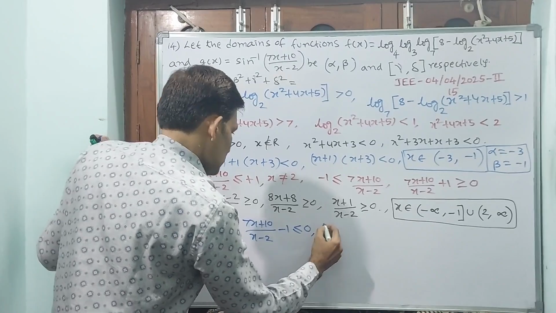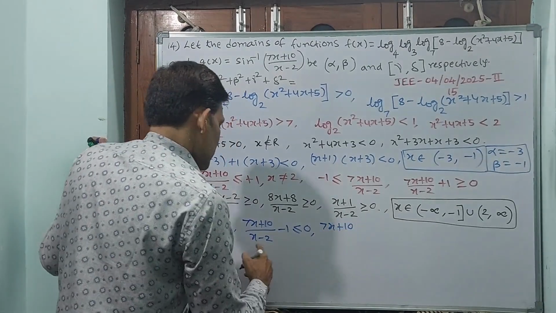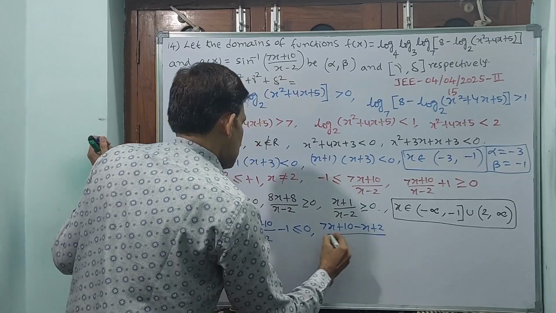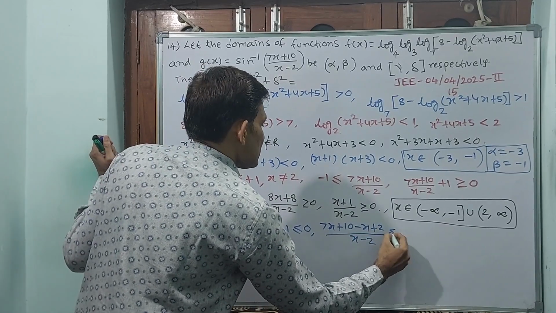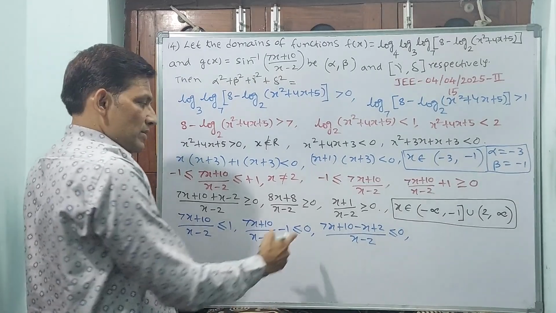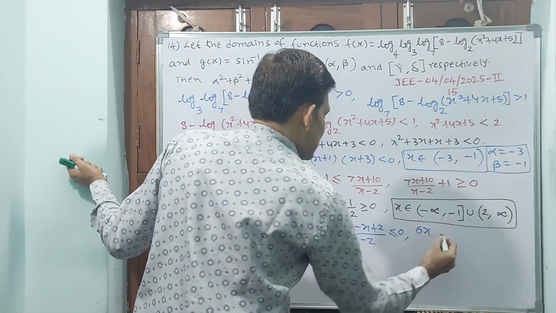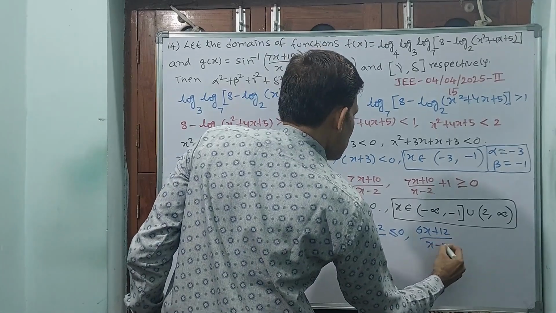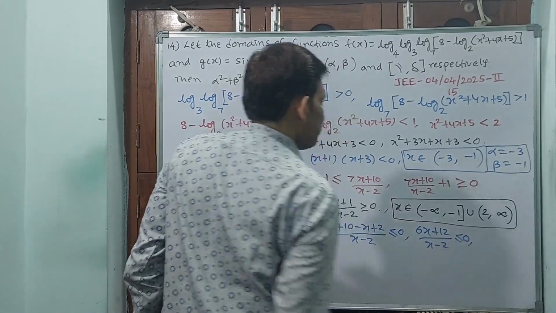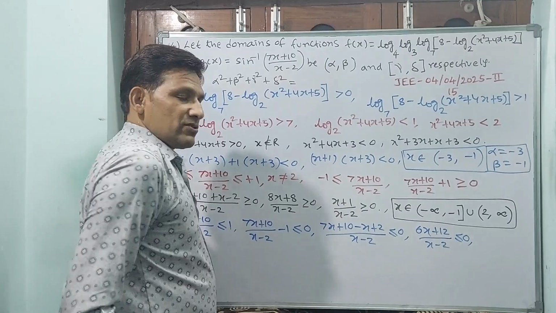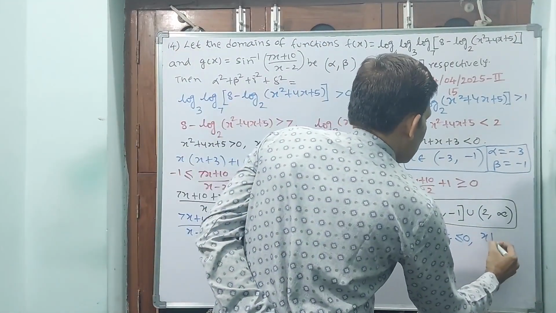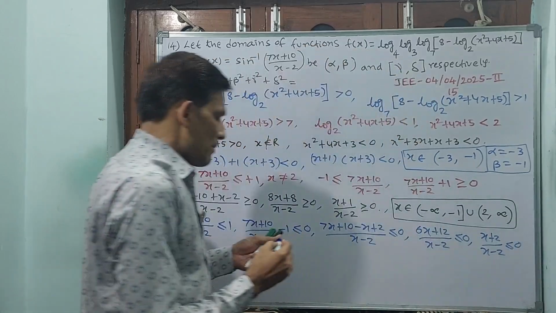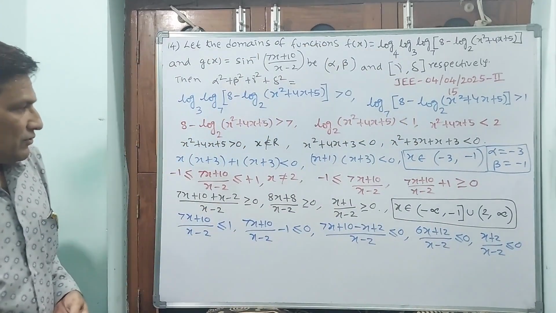Now 7x plus 10 minus x plus 2, by x minus 2, is less than or equal to 0. 7x minus x is 6x, 10 plus 2 is 12, divided by x minus 2 is less than or equal to 0. Take 6 common: x plus 2 by x minus 2 should be less than or equal to 0.